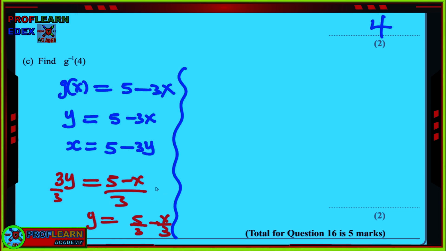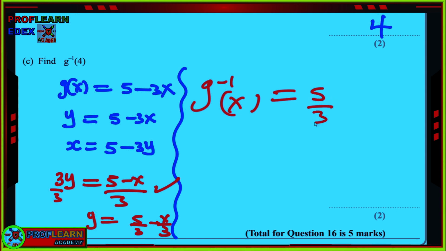You can even leave it at this point, but the final answer you cannot leave as y. You are going to say your final answer is g inverse of x equals 5 over 3 minus x over 3.